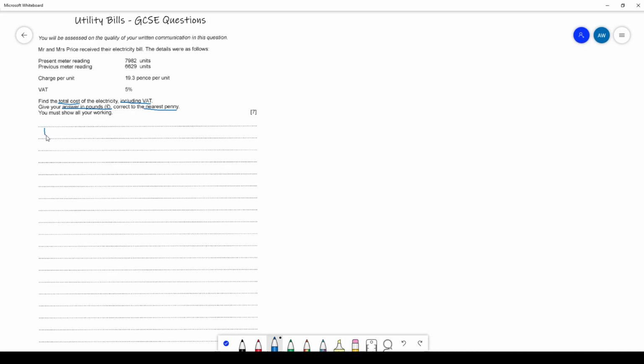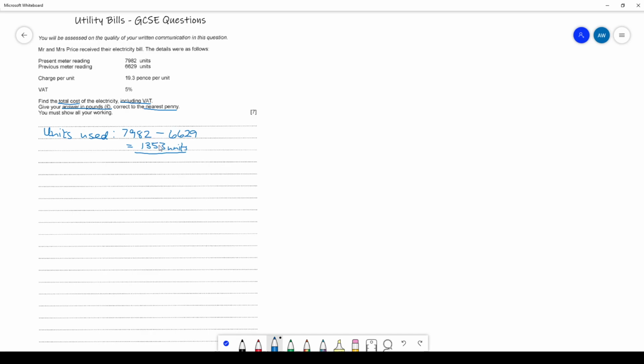So the units used is my label, that's fine, is take the present meter reading, the larger number, 7,982, take away 6,629, which is our previous meter reading. So it's always the larger, take away the smaller, and that gives us 1,353 units. And I'm going to underline that at that point.